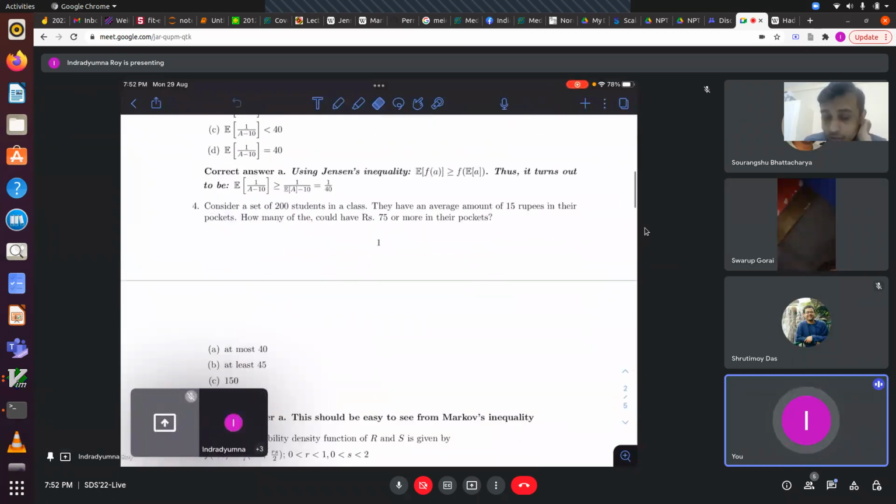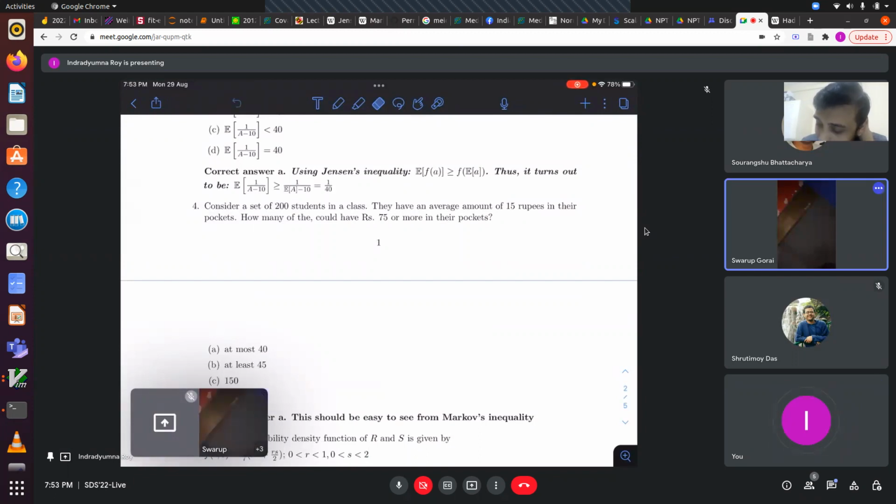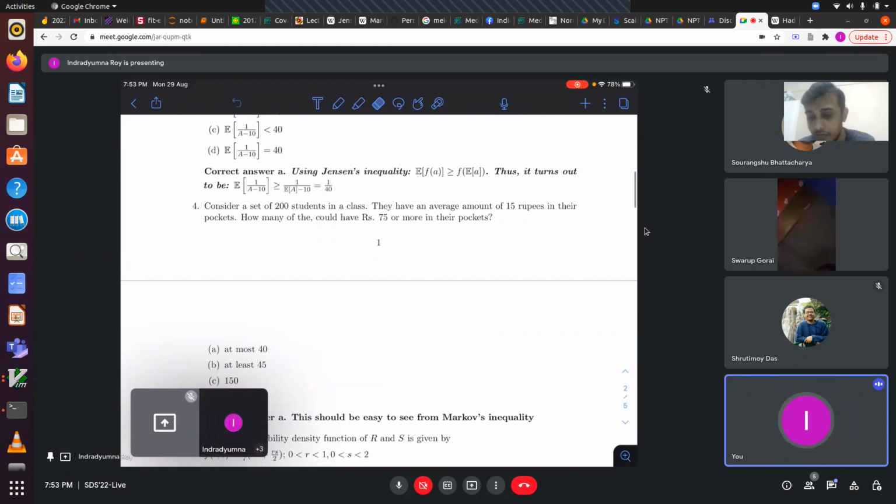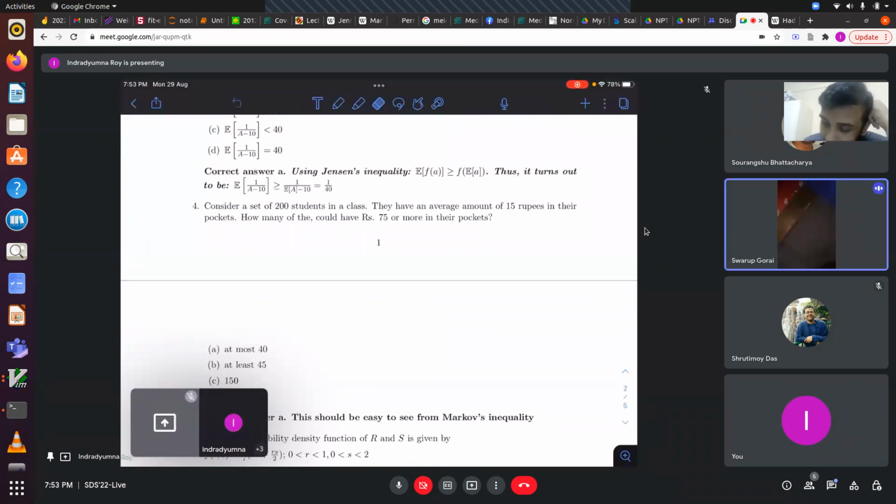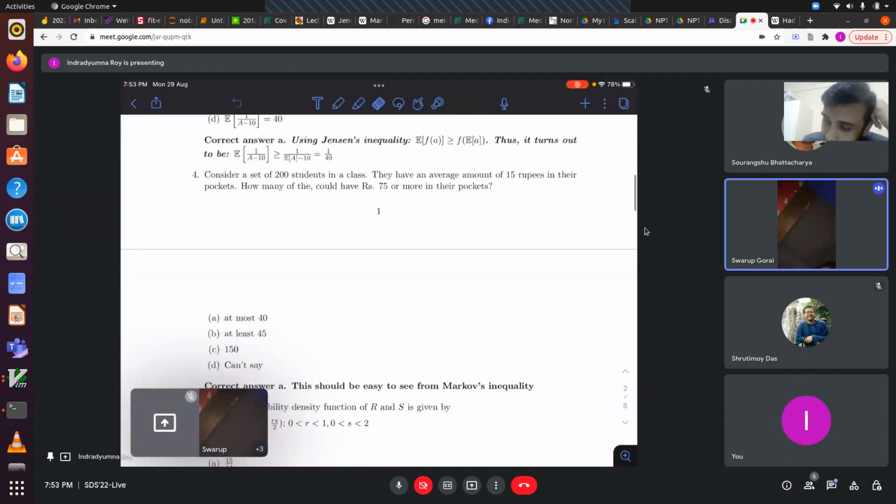So this is the question, right? Yes, this one. So tell me the formula for Markov's. The probability of X greater than or equal to a, for some random variable, is less than or equal to expectation of X upon a.